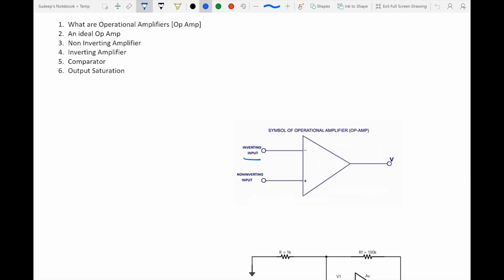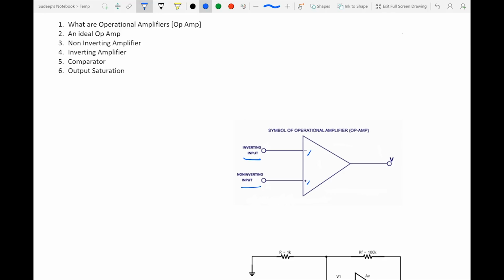One is the inverting input, which is represented by a negative sign, and a non-inverting input, which is represented by a positive sign. There would be two inputs given to these, and there is an output voltage V, which is an amplified version of the difference of the two inputs that have been given to it.